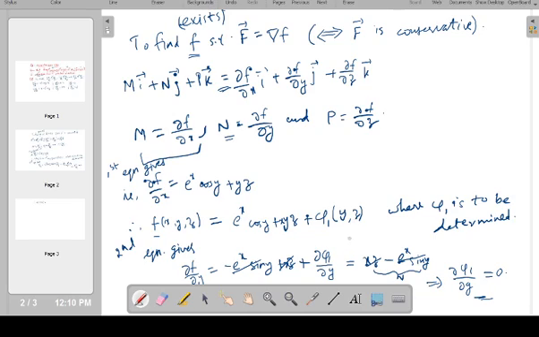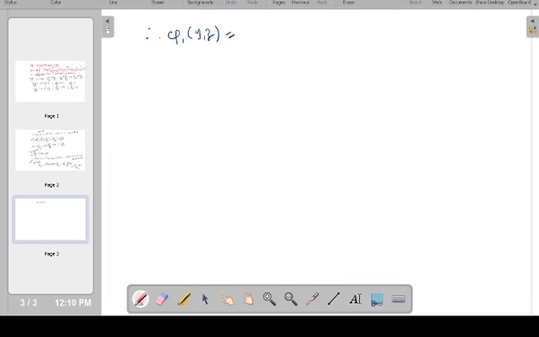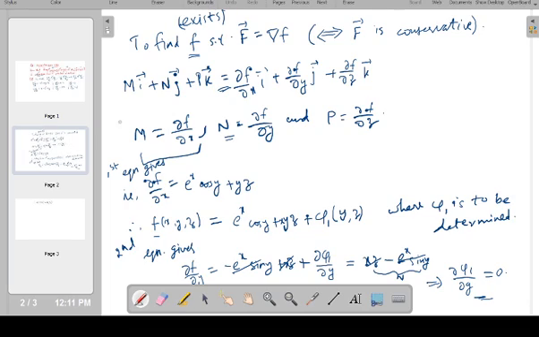So phi1 of y comma z equals some phi2 of z, because it depends only on z now. Therefore, f of x comma y comma z equals e to the power x cos y plus xyz plus phi2 of z.